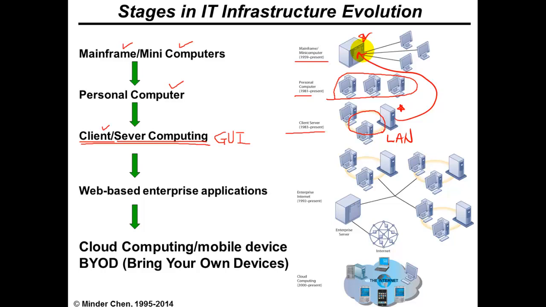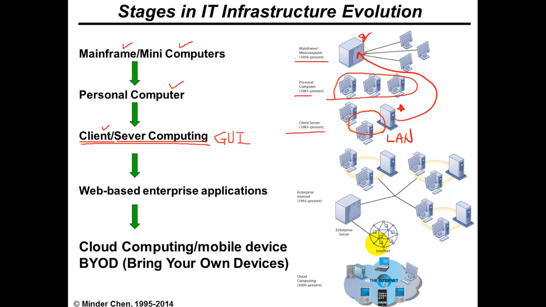But then the web emerged on top of the internet infrastructure, and the internet, as we discussed previously, was commercialized in 1995. The World Wide Web was invented in 1990, but its popularity started to pick up around 95 and really picked up probably in 98.